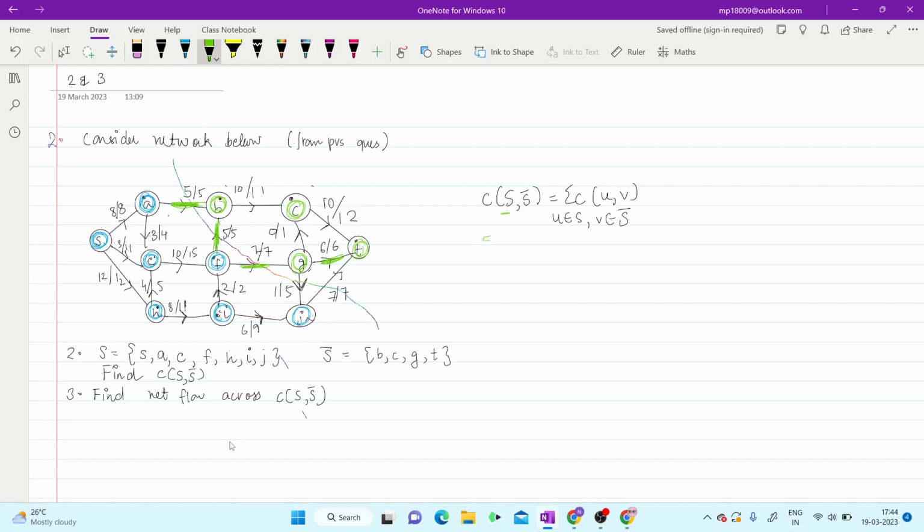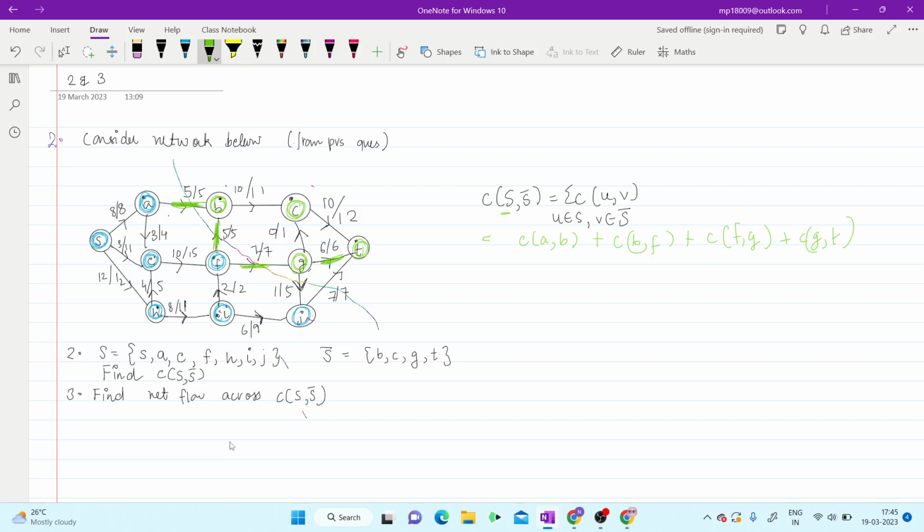So now we have to consider all these edges. What is the capacity value? C(A,B) plus C(F,B) plus C(F,G) plus C(J,T).